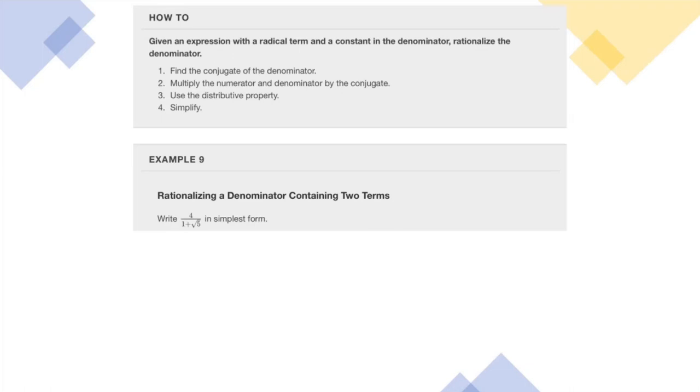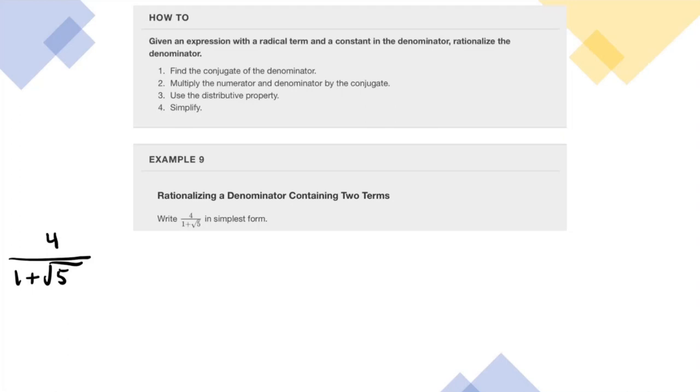So the conjugate in this case, because the denominator is 1 plus the square root of 5, is 1 minus the square root of 5. And you'll see that when we FOIL it out, the radical is going to be gone. Let's see it in action. On bottom we have 1 plus the square root of 5, and on top we still have the 4.